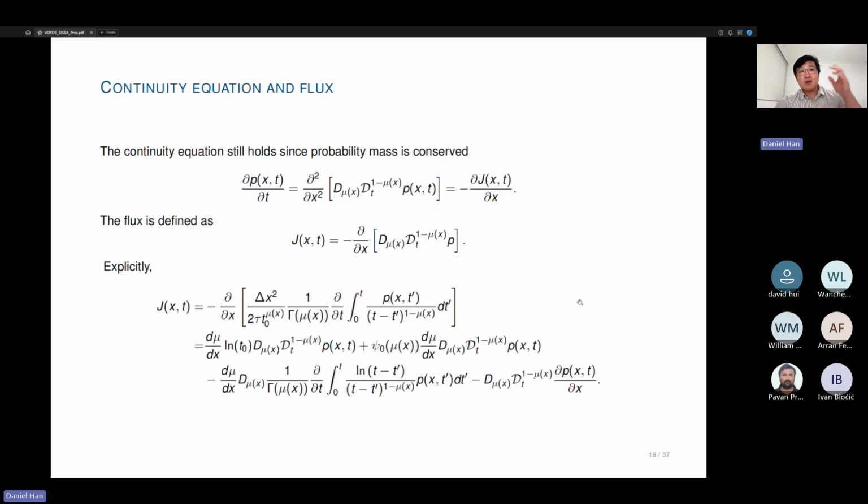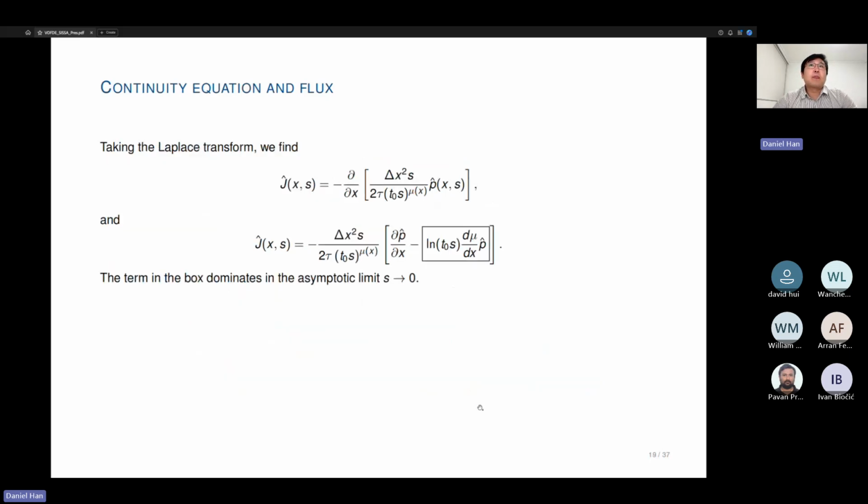Explicitly calculating this, I end up with this horrible four-term expression. The third term, where my mouse is right now, involves a modified integral kernel, a quasi-fractional derivative-esque operator, but now you've got a logarithm of time multiplying your typical Riemann-Liouville fractional derivative. This is going to make all the difference.